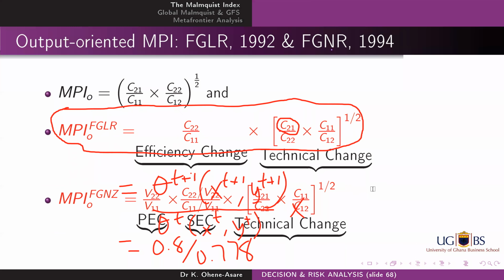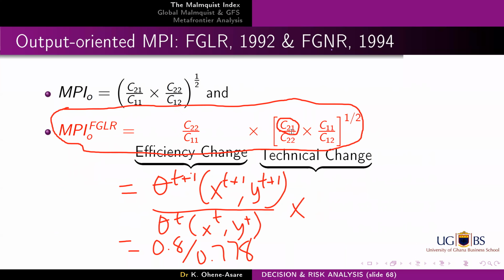So this 2,1 here, if you are writing it, it is the second year in the bracket. So it is theta with the second year in the bracket: x t plus 1 in the bracket, comma y t plus 1, and then the first year as the frontier.